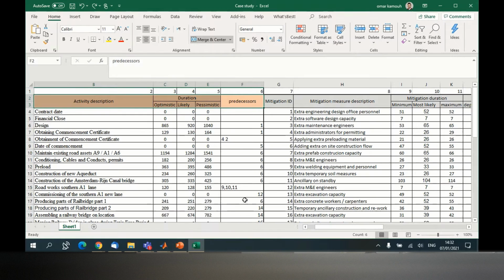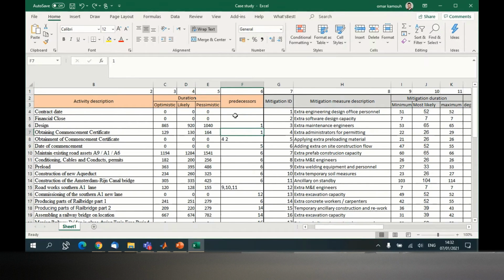Okay, because I think we also need to validate whether we put the data correctly or not, by comparing the result of this software without the mitigation against the conventional tools like Microsoft Project or Excel.